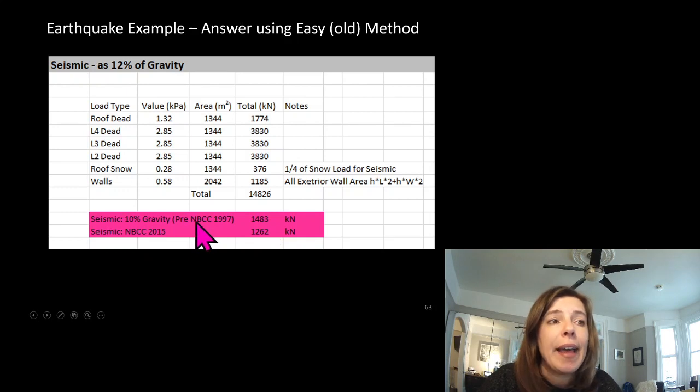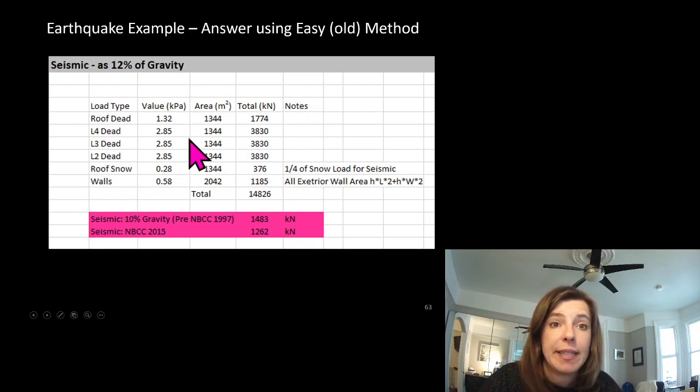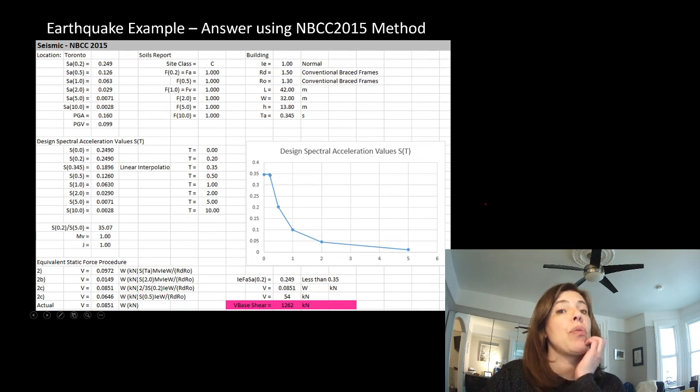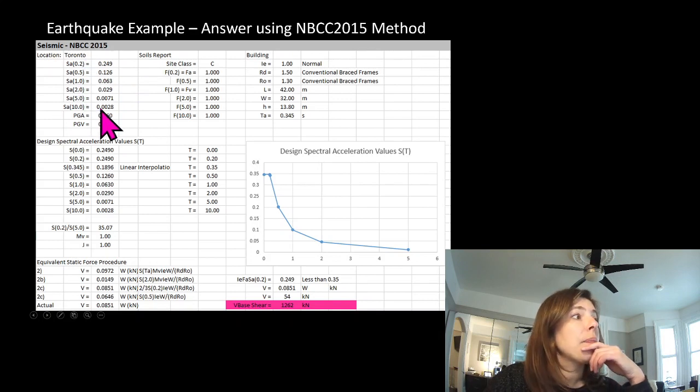So pre-NBCC 97, somewhere around there. Seismic NBCC 2015, which is the way it would be designed right now. Instead of this, well, actually, it was just one line here was the calculation. This was all just to calculate the dead loads, which we'd still need. We would pull seismic data from the climatic data, and then we would go through this calculation procedure, where this is about the fact that I got all of that information from the climatic data.